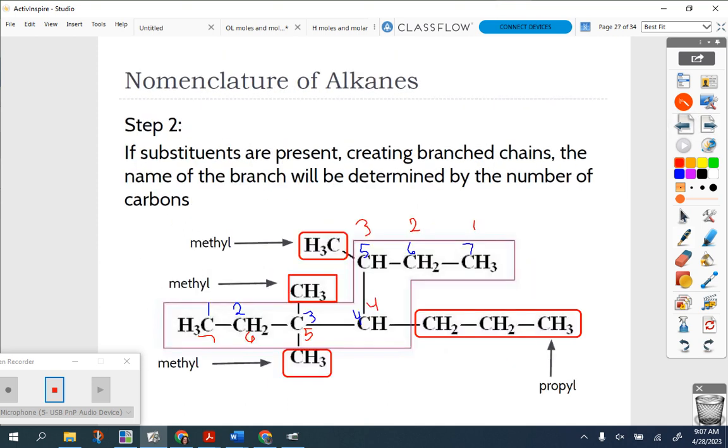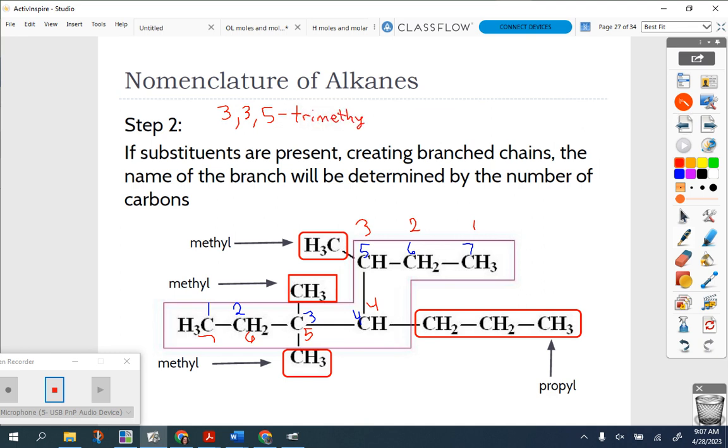So I have 3 different methyl groups and 1 propyl group. So methyl is going to be the first, the one I'm going to use first in the name. So I'm going to number 3, 3, 5. Trimethyl.